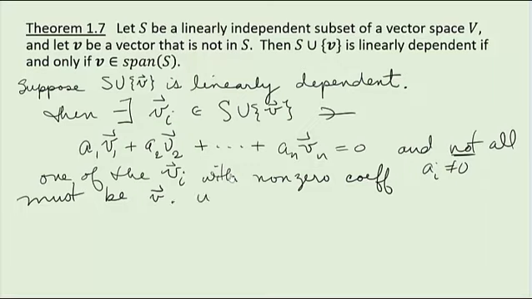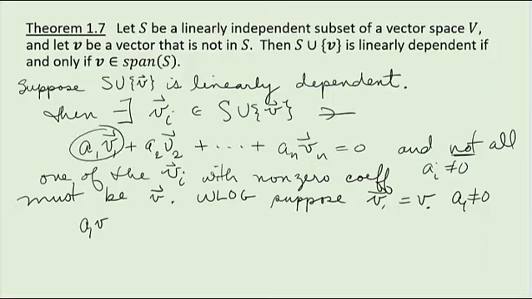Without loss of generality, suppose v1 is equal to v, and a1 then we know is not 0. That means a1 v, which is a1 v1 up here, is equal to minus a2 v2 minus a3 v3 minus ... minus an vn.